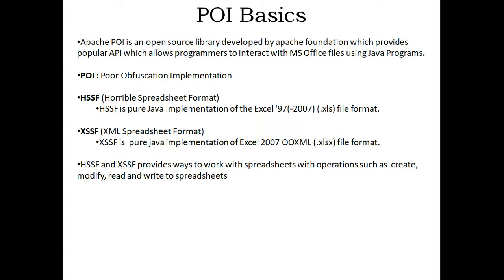To interact with these two file formats, there are two different libraries available with Apache POI. The first one is HSSF, which is horrible spreadsheet format, and it is a pure Java implementation of Excel 97 up until 2007, and it only deals with .xls file format.